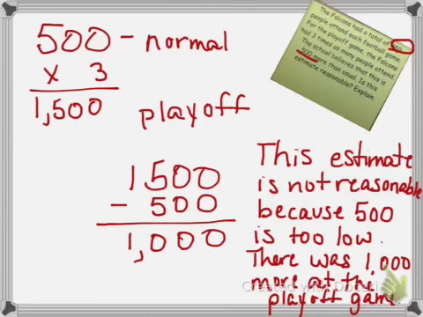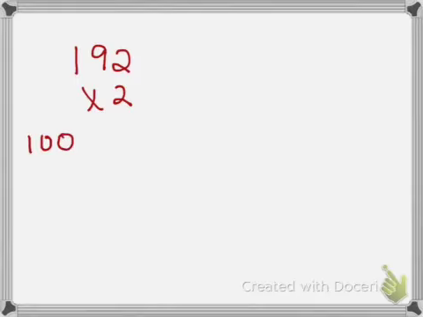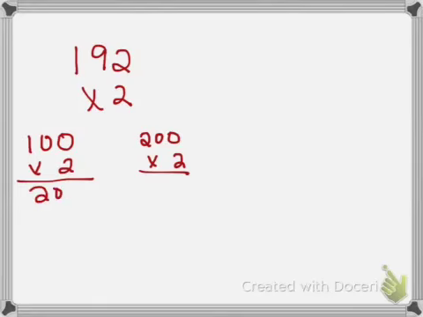One thing I do want to tell you is when we were estimating, we did this two ways. Say I had 192. I could have said, what is 192 between? 192 is between 100 and 200. And the kids could have solved the problem like that and said, well, the answer should be between 200 and 400.